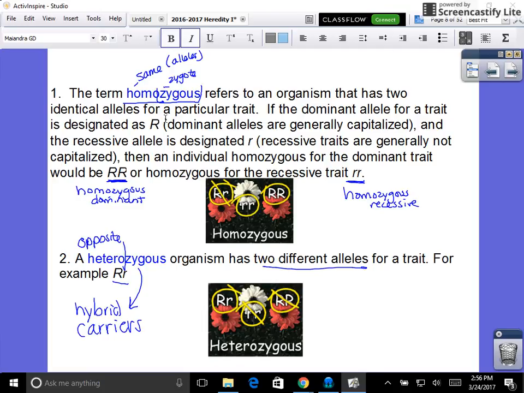The term homozygous is referring to a zygote that has the same alleles. So here we have homozygous dominant would be big R, or homozygous recessive would be little r. If they have the opposite, we would say it's heterozygous, or hybrid carriers is another name for heterozygous. They have opposite alleles. They have 2 different alleles.